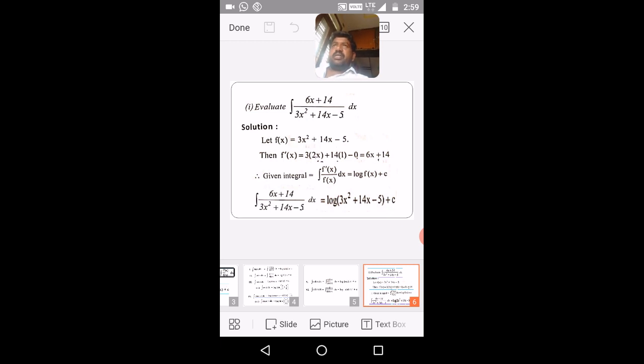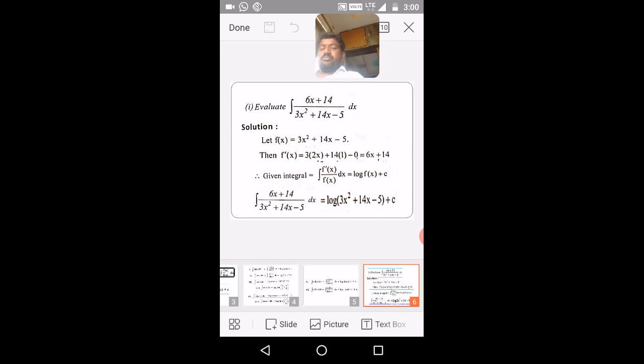So the given integral is in the form of the integral of f dash x by f of x dx, which equals log f of x plus c. Like this, if you find this relation between numerator and denominator, it is very easy to write the answer.